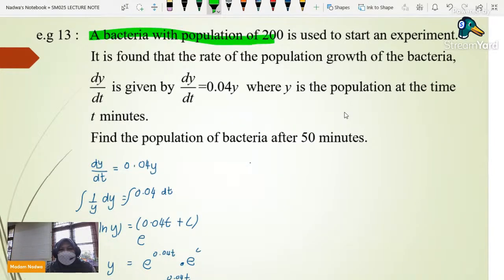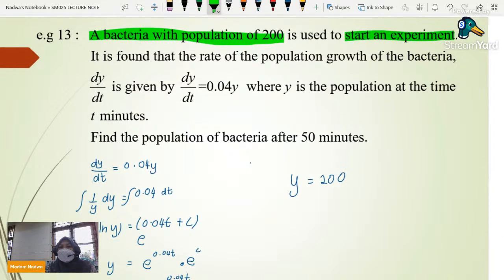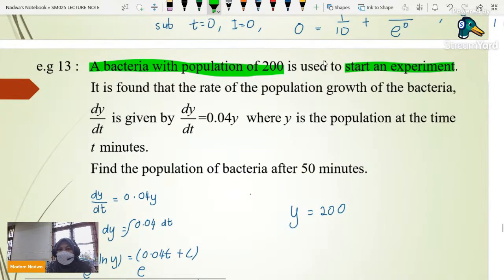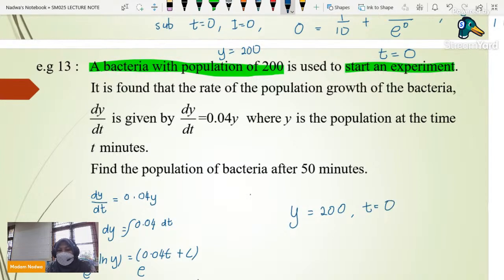A bacteria with population of 200 ni, maksudnya dia nak cakap Y adalah 200 masa mula-mula sekali eksperimen. To start an experiment. Okay, start an experiment ni, so listen to me carefully. When it says start the experiment, meaning that the value of T is 0. So the value of Y is 200 when the value of T is 0. So this is actually the information given to us.